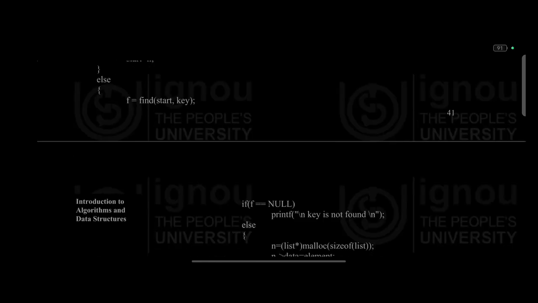If start->data == key, n = (list *)malloc(sizeof(list)); n->data = element; n->next = start; start = n. Else f = find(start, key).